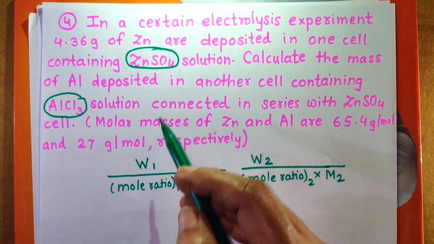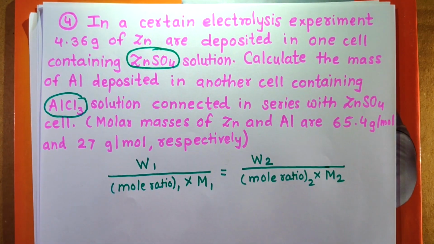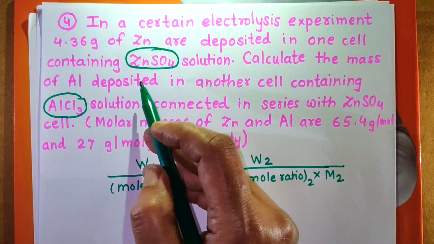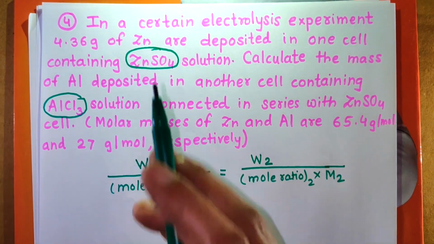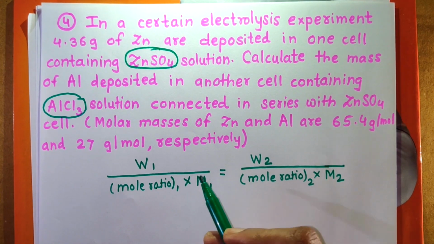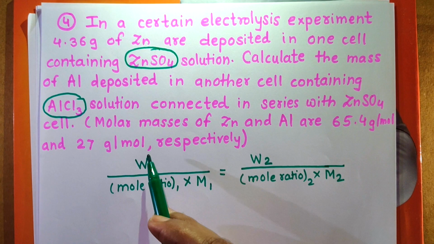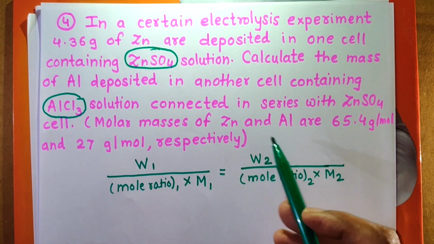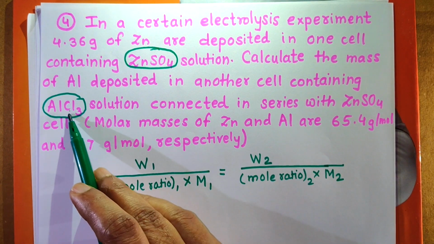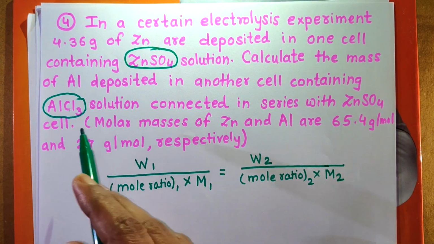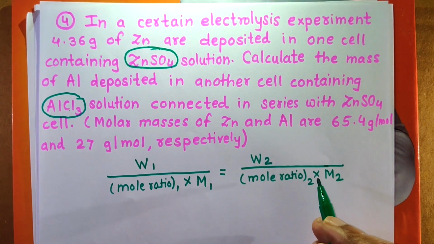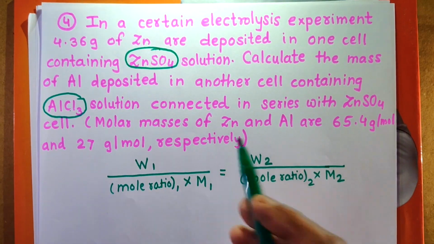Mass of the metal which is obtained in the first electrolytic cell. Mole ratio we can determine by using the chemical reaction that takes place at the cathode in the first electrolytic cell. M1 is the molar mass of Zn. W2 is the mass of Al; for the mole ratio of Al in the AlCl3 electrolytic cell, we have to determine which reaction takes place at the cathode, and M2 is the molar mass of Al.